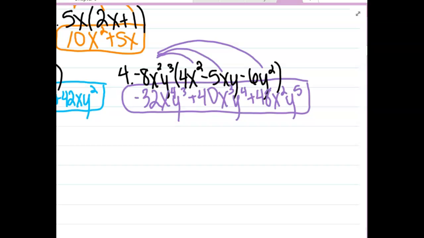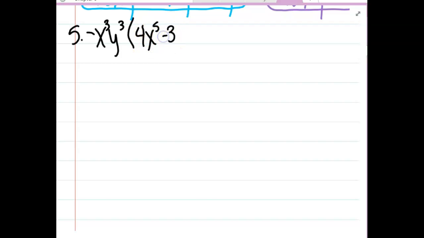Okay, let's do one more together, and then I'll have you try the last one of the distributive property on your own. So number 5, okay, let's do negative x cubed y cubed times 4x to the 5th minus 3x cubed y plus 4.